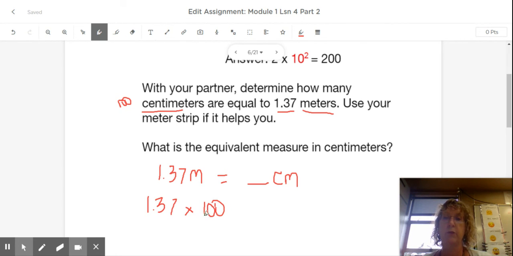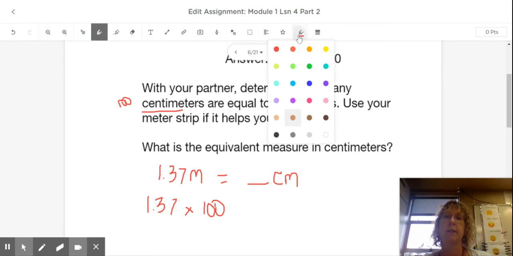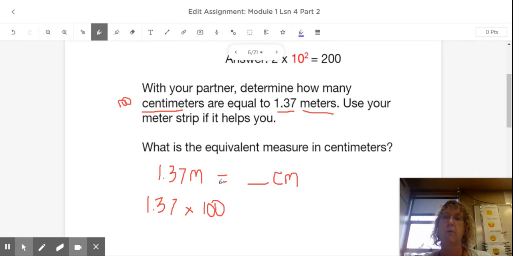Now, there's 2 zeros, so our number is going to take 2 hops and it's going to go this way, right? So think about it like this. If we said 1 times 100, what would we have? 100. So we're saying 1 and some more times 100 is going to be the same thing.